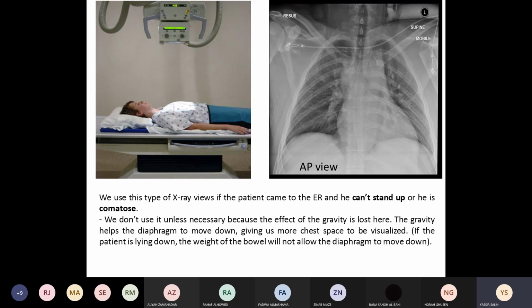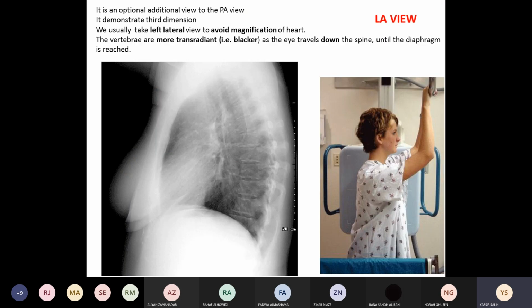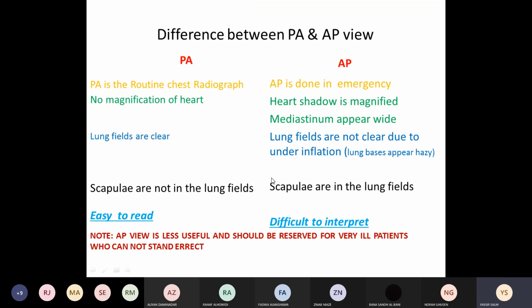So if you are given a chest X-ray, usually you have to look at the scapulae. If the scapulae are seen in the lung field, especially the medial borders, this is most likely an AP film. And if the lung is spared or the scapulae are displaced peripherally, this is most likely a PA film.